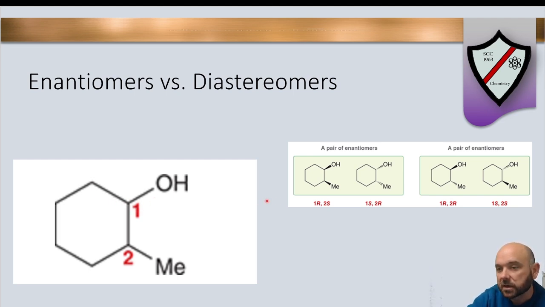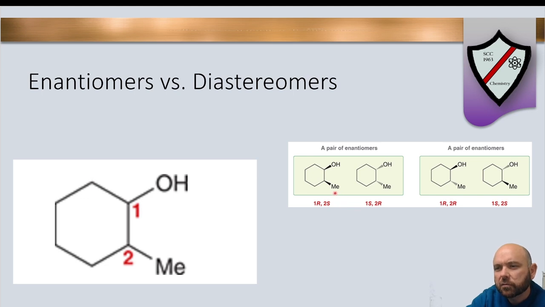And in fact, there are 4 different combinations. Remember, we have 2 chiral centers, so there are 4 total. 2 to the n, 2 squared is 4. So there are 4 total combinations of R and S configuration for these 2 carbons.